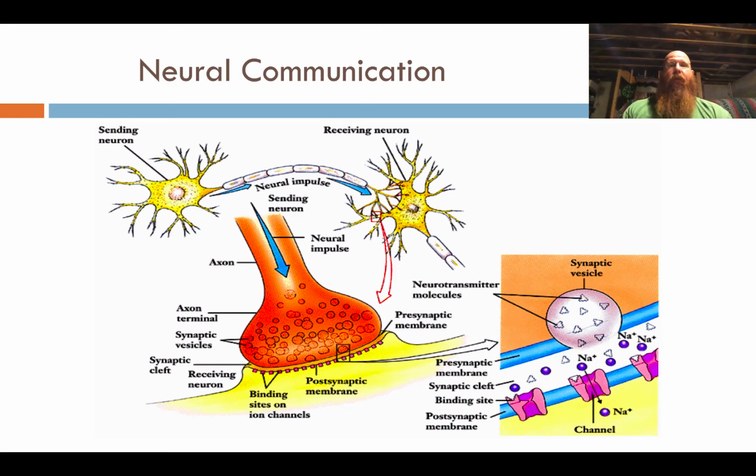I'm going to go over it one more time, and know that you'll have an assignment maybe tomorrow, maybe the next day, in which you'll have to order everything that happens when communication happens. So, write this down, pay attention to it, pause me, whatever you need to do to make sure we get this. So here we go.